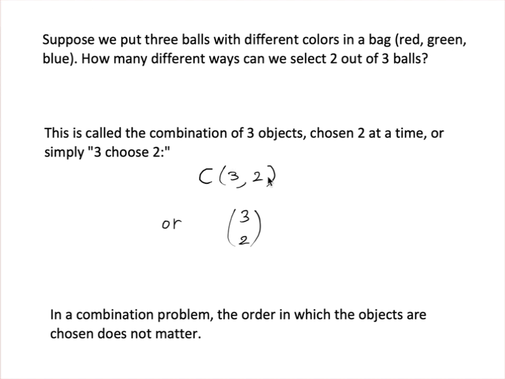It's easier to think of how many ways you don't choose the remaining ball. If there are 3 balls and you choose 2, then there is one left out, or left in the bag. And that one can either be red or green or blue, and there are 3 ways. So the answer is 3.